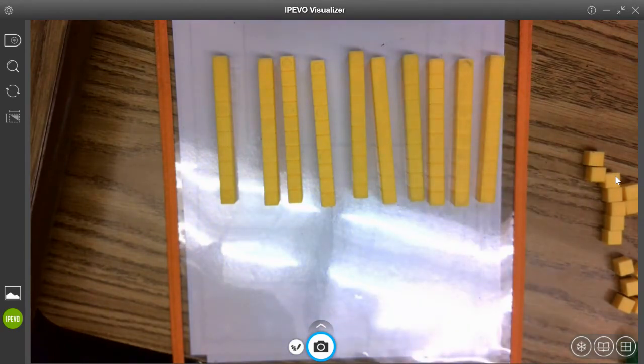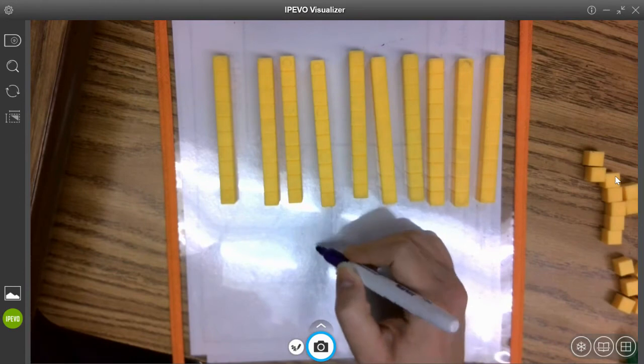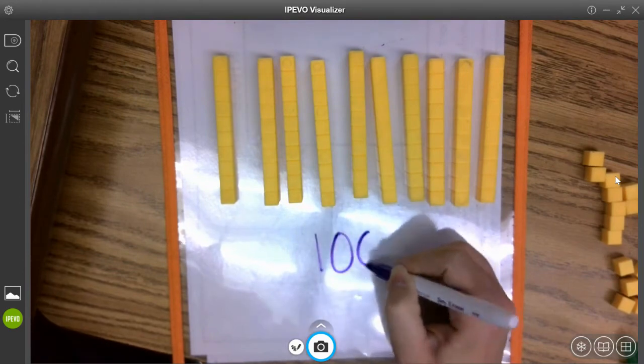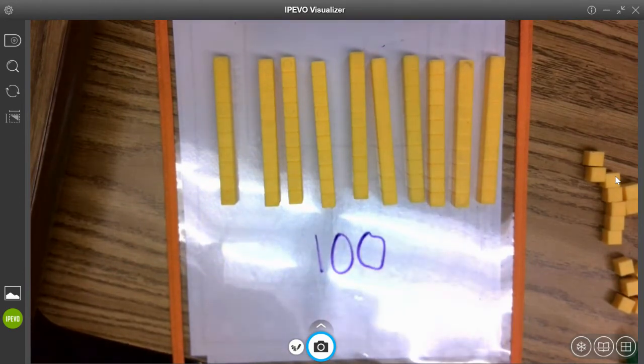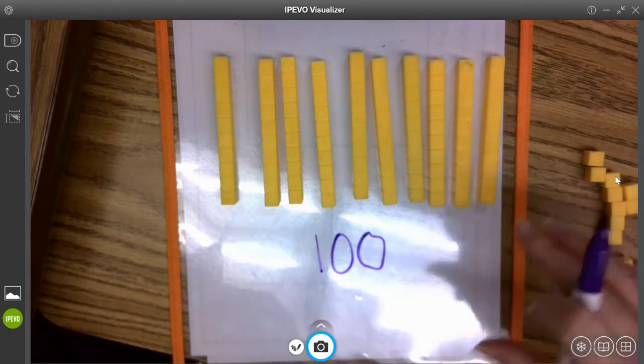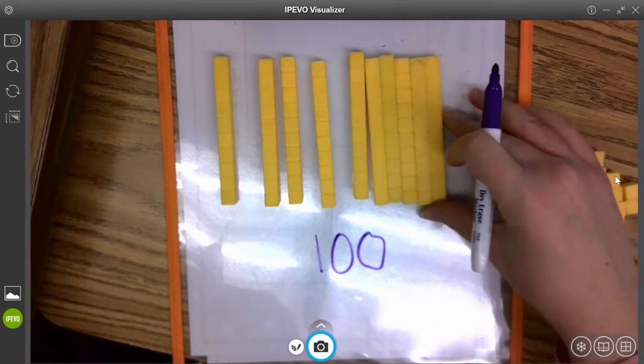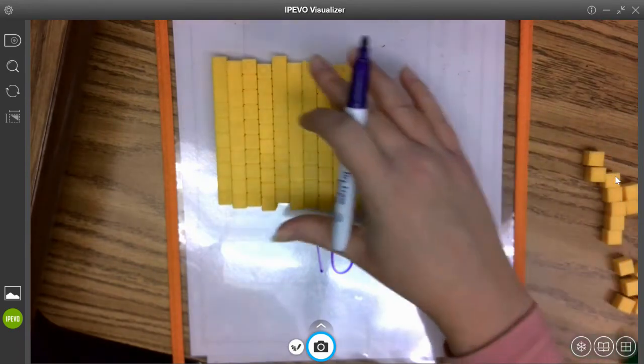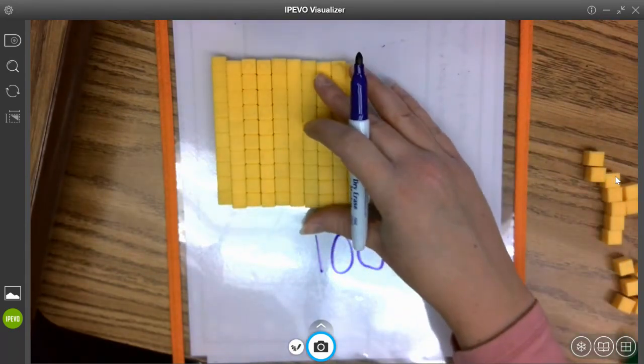Okay, what number do I have here? Look, think, speak. 100. Okay, and you know what? The rule still applies. Can I make a group of 10? Yes, I can put these together, and I have 10 tens.